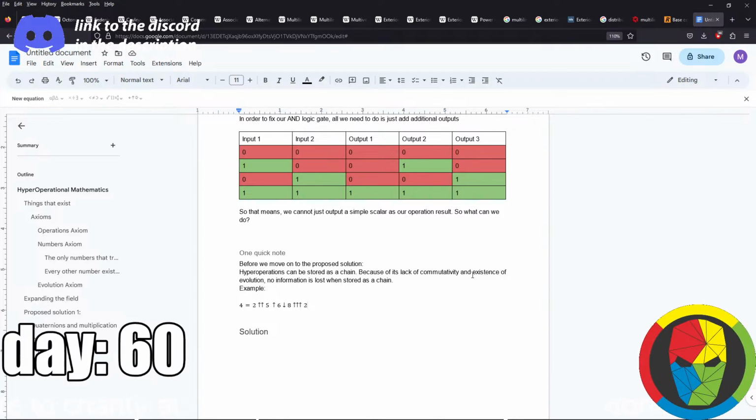We are going from left to right, by the way. There's no order of operations here because they're all hyperoperations depending on evolution, if it makes any difference.